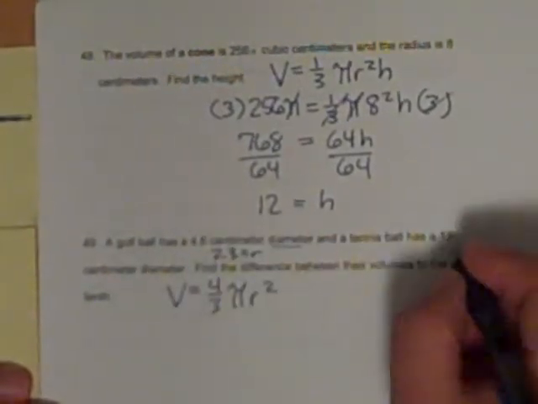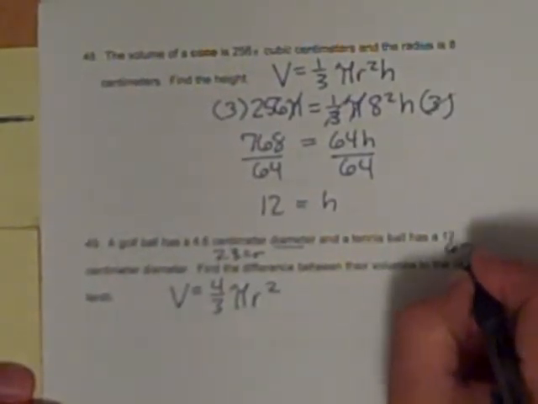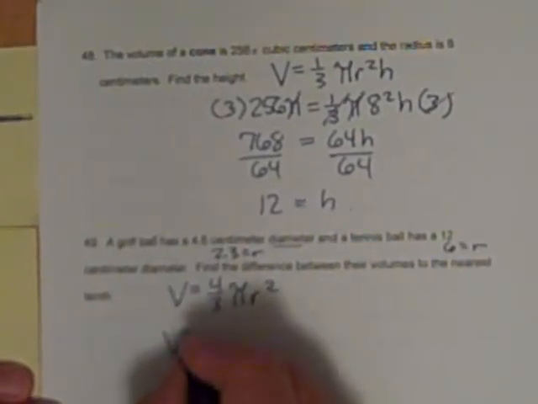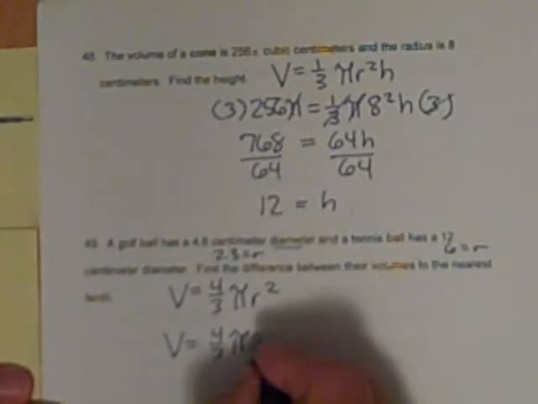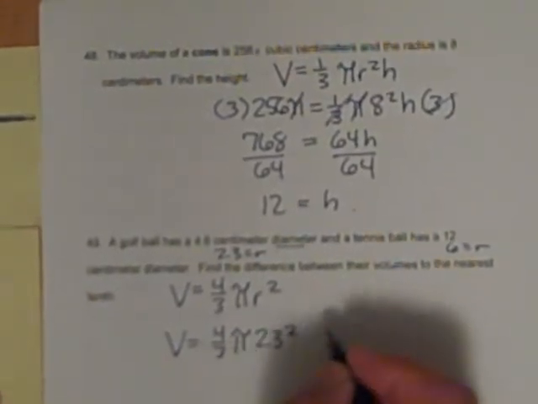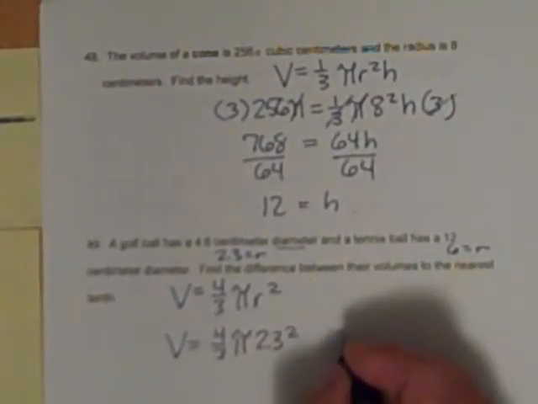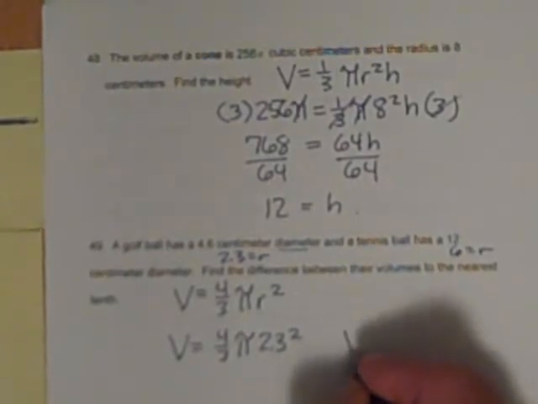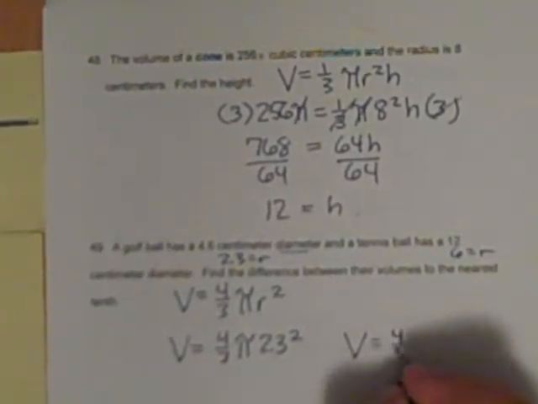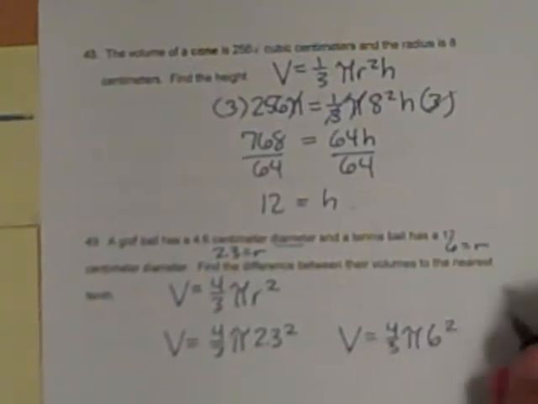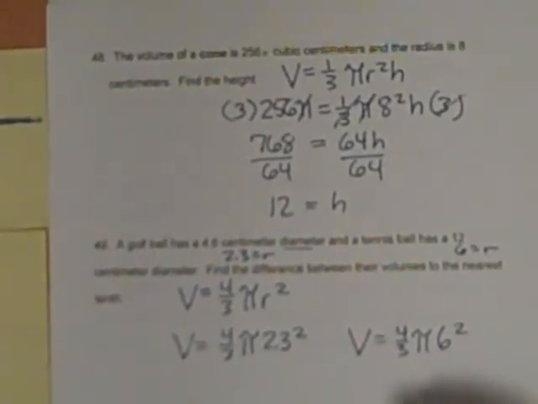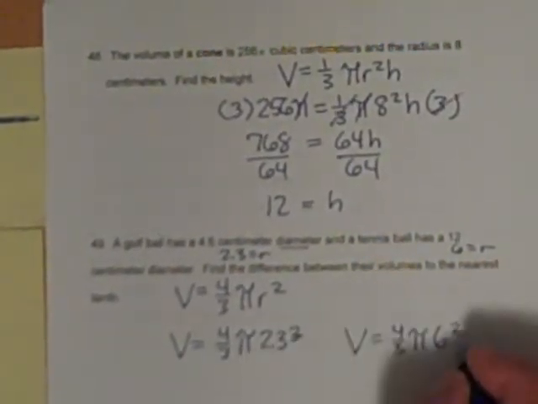The tennis ball is going to be 6 equals r. So the volume equals 4/3 pi 2.3 cubed on this side, and the volume equals 4/3 pi 6 cubed. That's cubed, both sides.